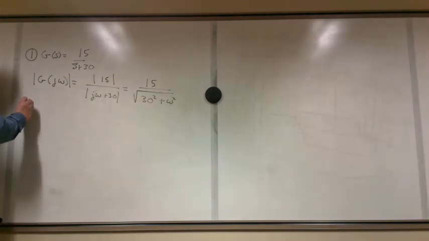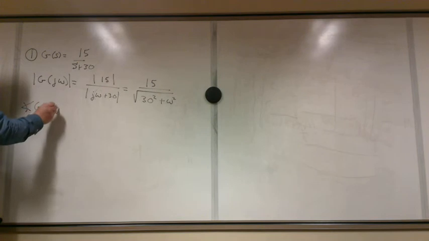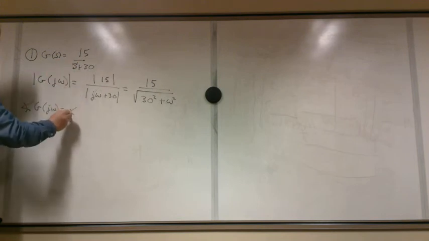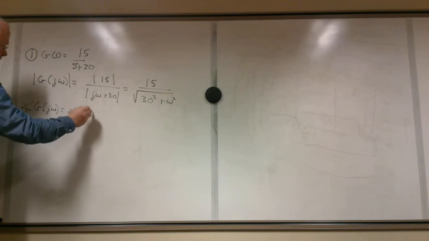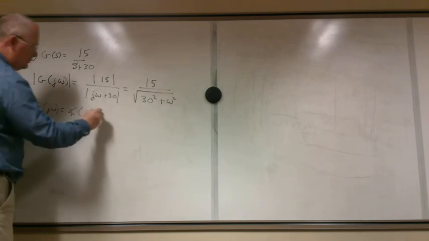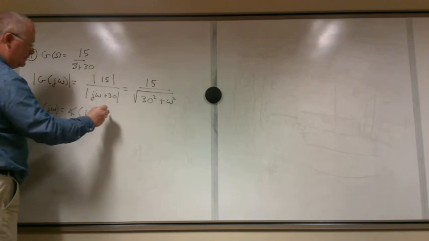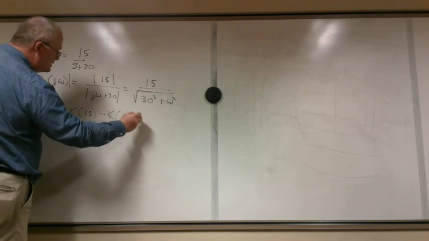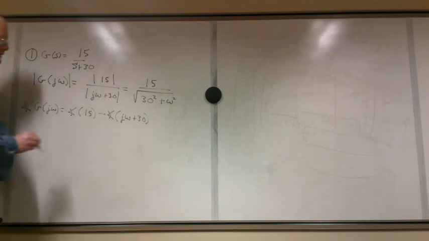The phase angle of G of J omega is going to be the phase angle of the numerator. So that's the angle of 15, the real number 15, minus the angle of the denominator, J omega plus 30, like that.